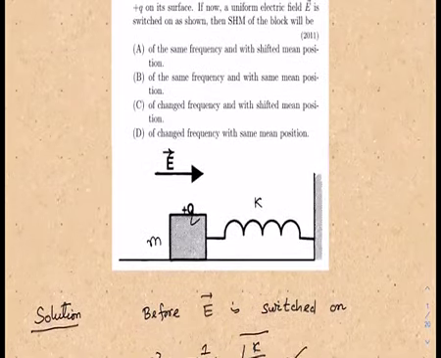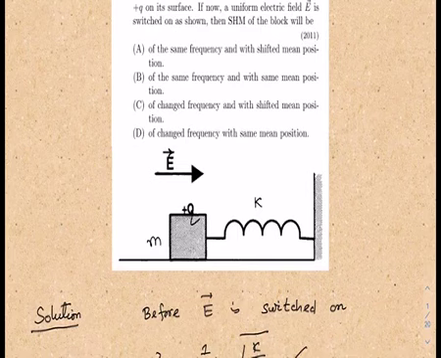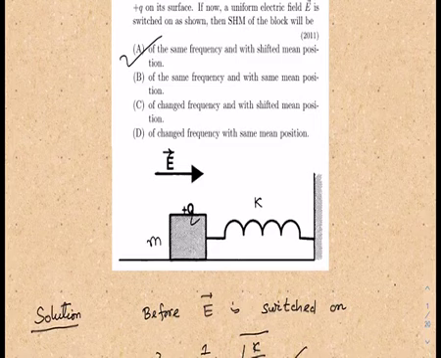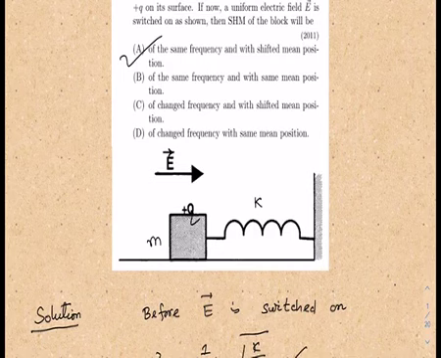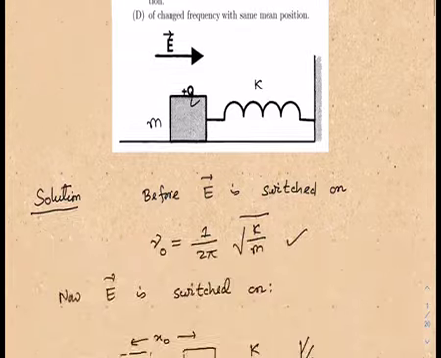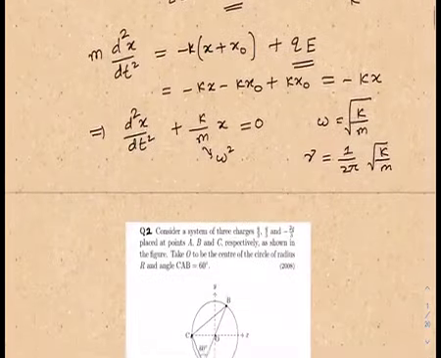So I can easily see that option A is the correct one. The simple harmonic motion frequency is not getting changed, remaining the same. Only thing is that its mean position is getting shifted. So only one option is correct in this problem, and that is option A.